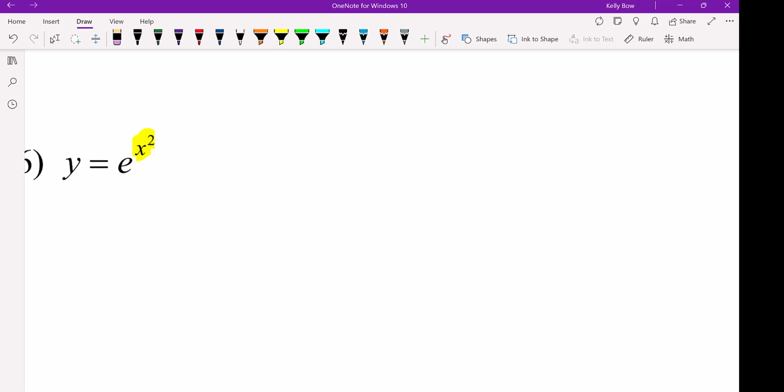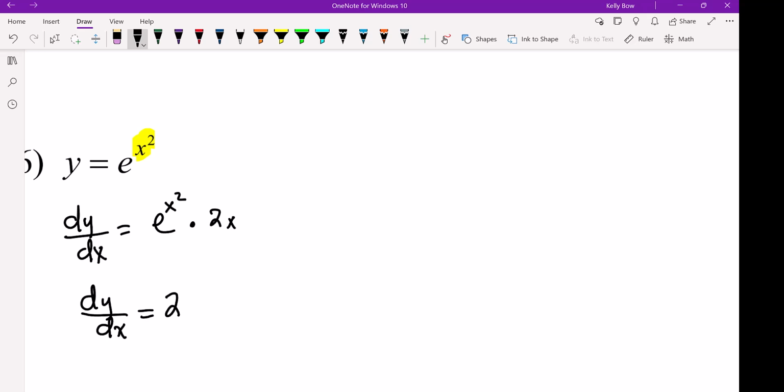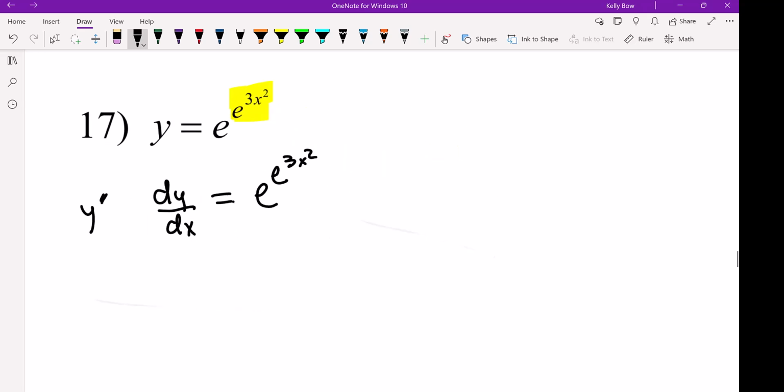All right, so you write the original, and then you multiply that by the derivative of the exponent function. So 2x, and then you bring the 2x in front. Just like that, all right? Let me go ahead and finish this one.